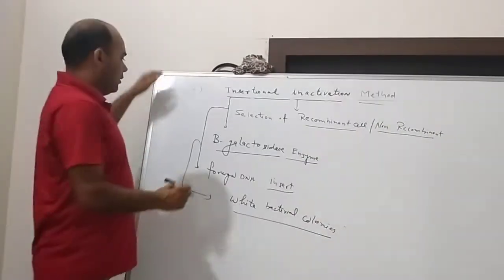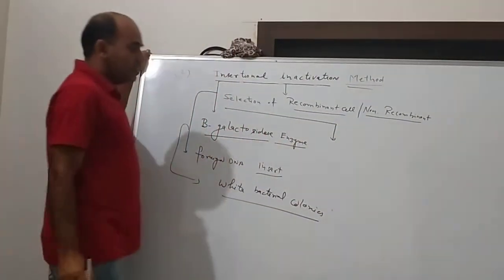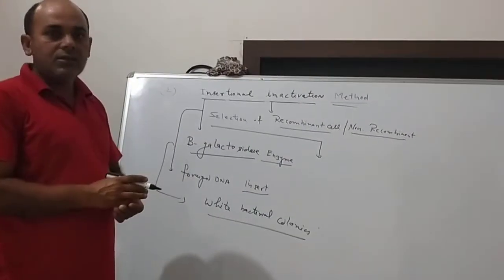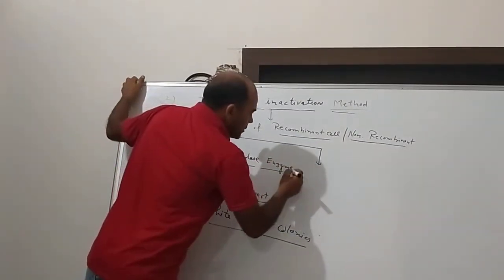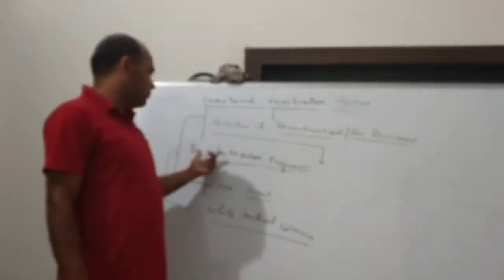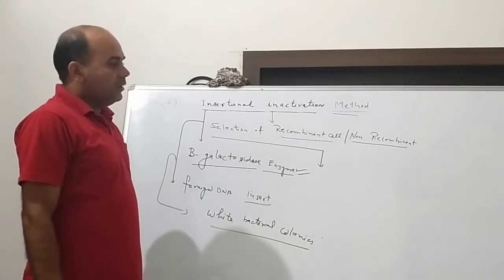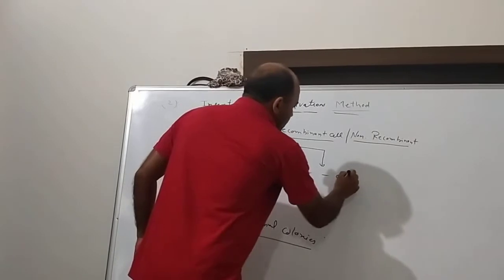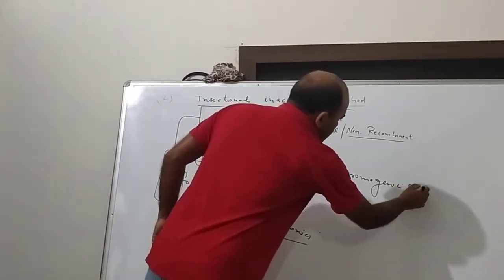Instead of this one, another bacterial cell in which the foreign DNA is not inserted will express this gene, which makes the beta-galactosidase enzyme, and this enzyme can work on a chromogenic substrate.